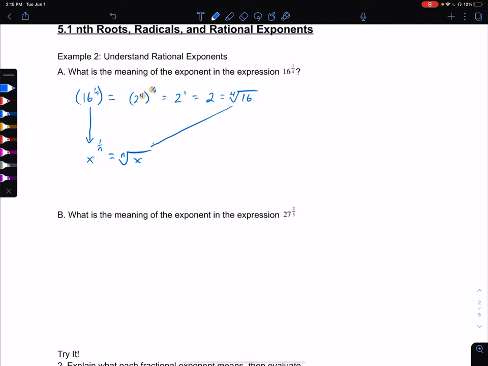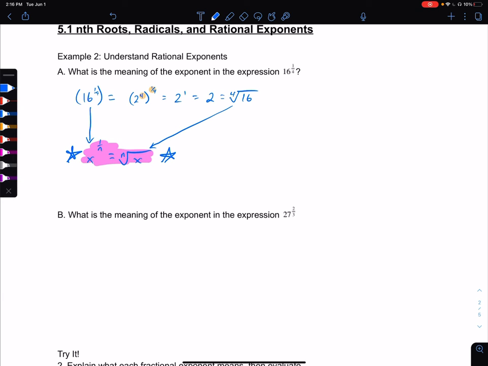You can see that the 1/4 and the 4 is on the outside there, and you could even think of that as a 1 inside there. That's all we're looking to do. That's what we're trying to show, that this is your rule here. So focus on this. That's the whole point of example 2, part A.